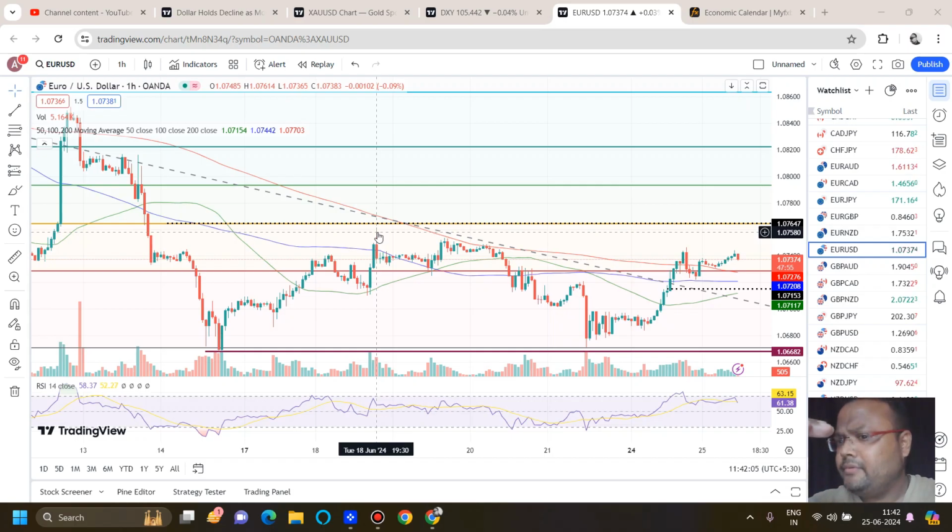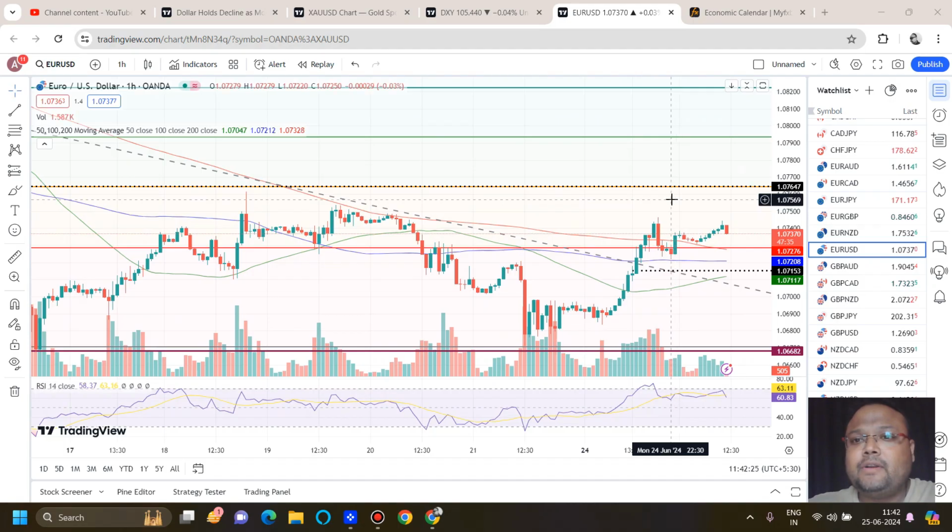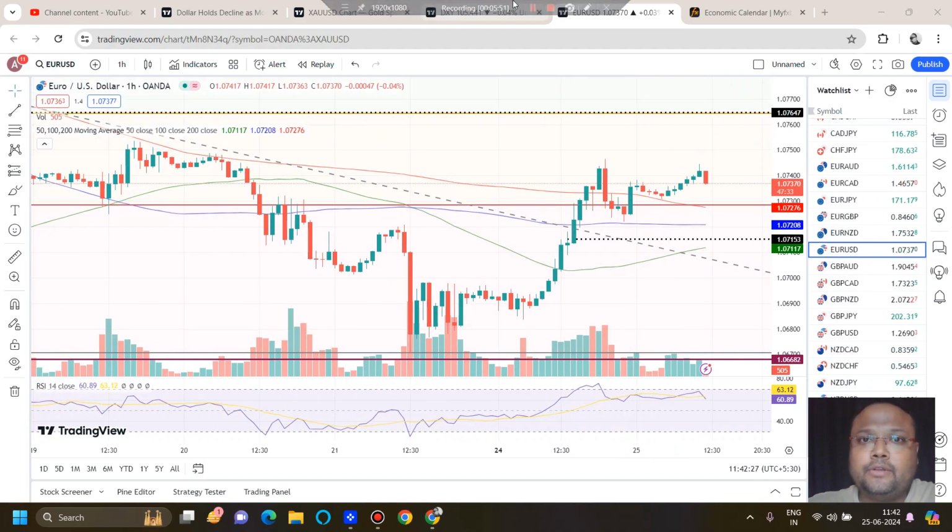And if DXY falls too, by the time Euro USD is around this area, DXY will also be at the support level. So we are expecting at least a little bit of selling opportunity around 1.0758, 1.076465 area. This is the level where I'm looking for a sell opportunity for the day.